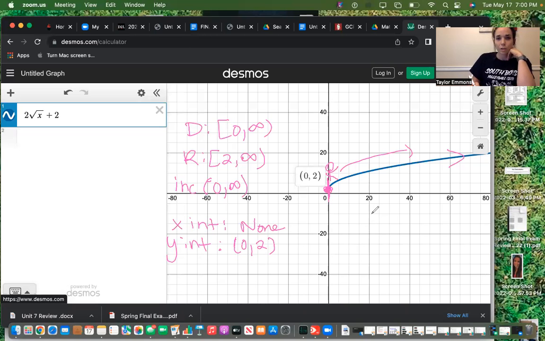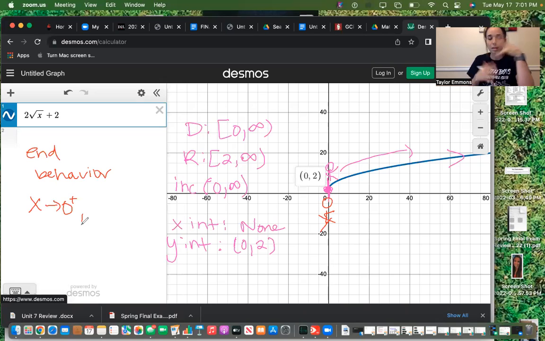Okay. Again, let's talk about end behavior because I think you're going to see that probably. So in end behavior, and again, it's all about perspective. So we're standing at (0, 0). And so in this case, we're going to say as x is approaching 0 from the right-hand side, and you probably won't see that notation, but just in case, that's how you actually read it.